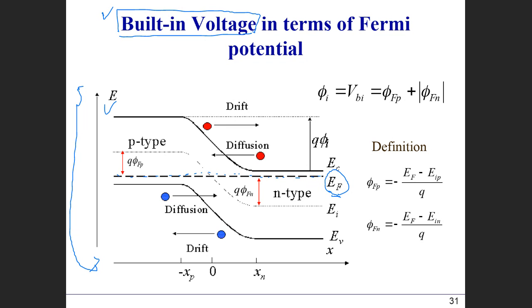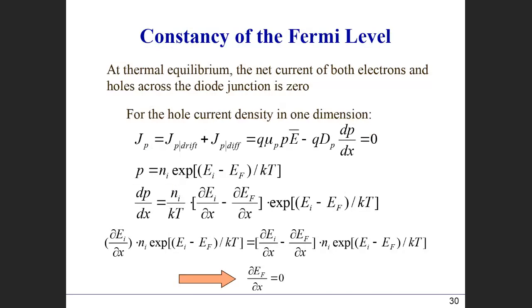Now, if you look carefully at this energy band diagram, first let's look at the P side. The location of the Fermi energy level relative to EI represents the number of holes. So if you go back, the number of holes is represented by this separation from EI to EF.